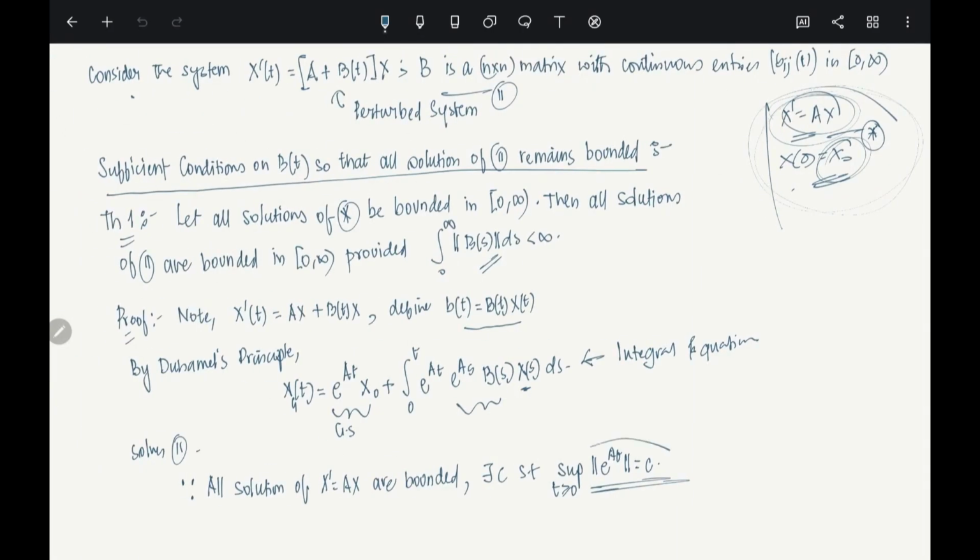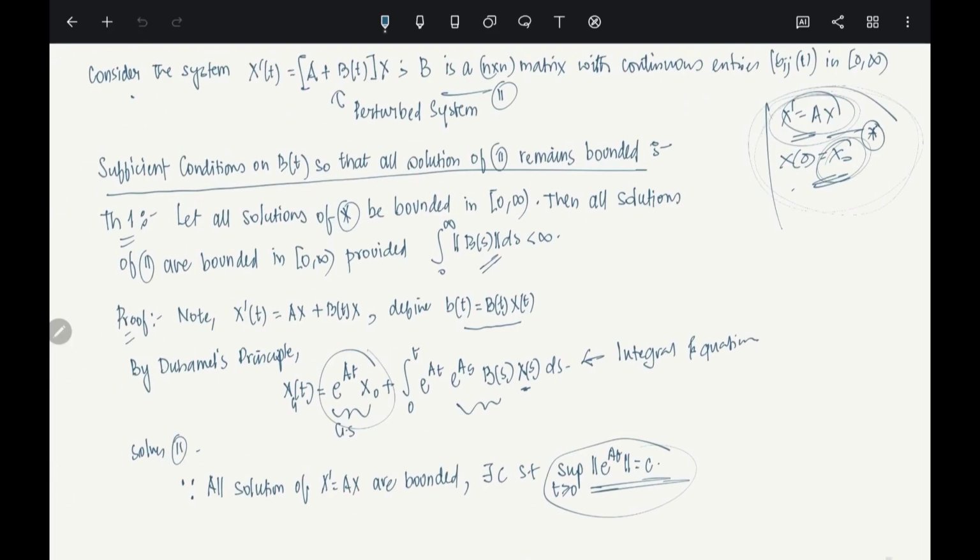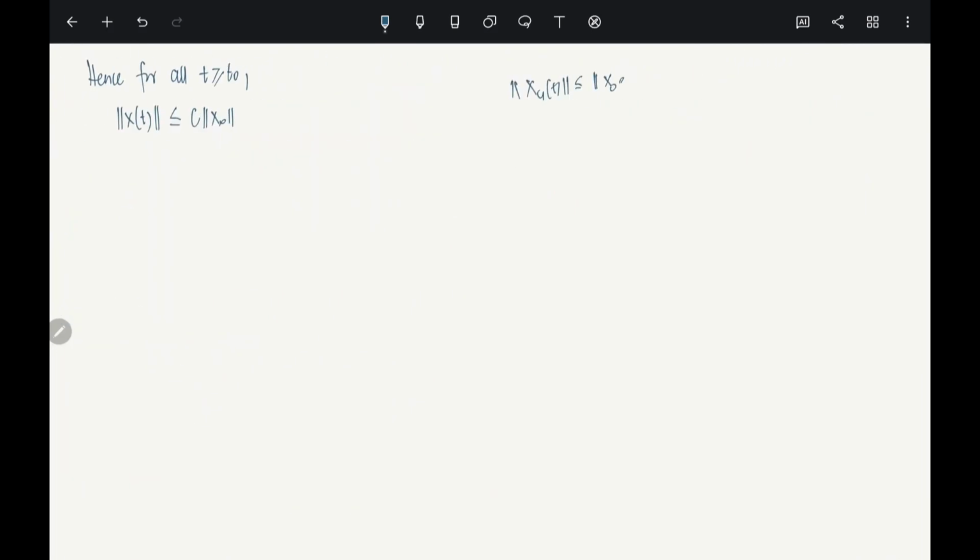Hence for all t greater than or equal to t naught, we have the norm of x(t) less than or equal to C times the norm of x naught. See, supremum is C, so this particular term x_g of t, if you take the norm, will be dominated by the norm of e to the power At times x naught, plus the norm of the integral term.